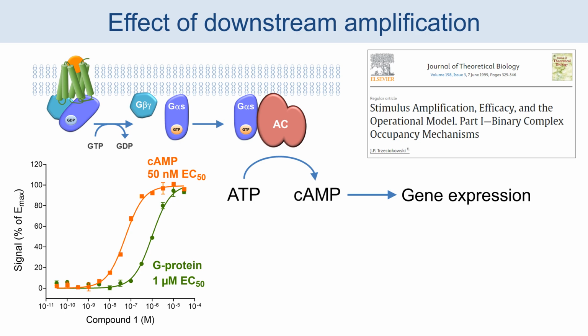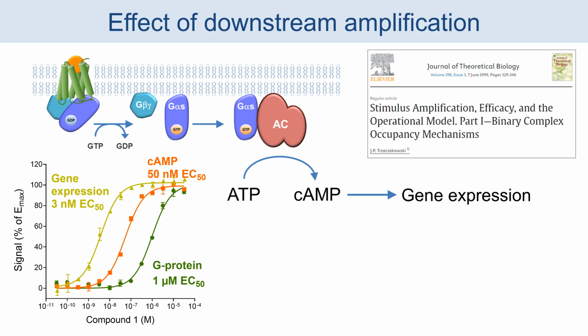However, when we measure cyclic AMP, a response which is one step downstream from G protein, we observe this agonist is more potent, with an EC50 of 50 nanomolar. Finally, when we look at an effect which is further downstream, gene transcription, the agonist is even more potent, with an EC50 of 3 nanomolar.